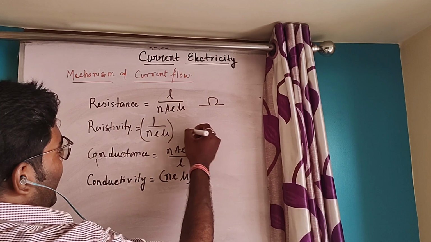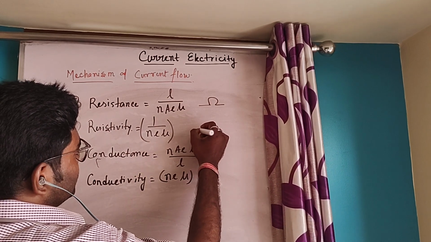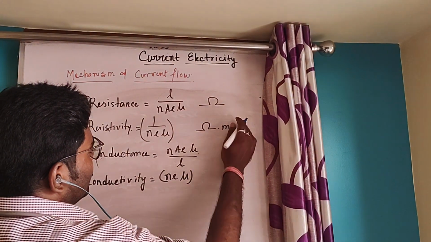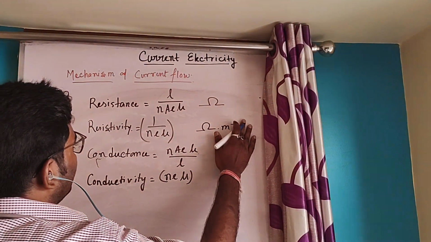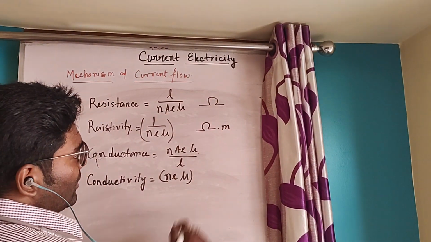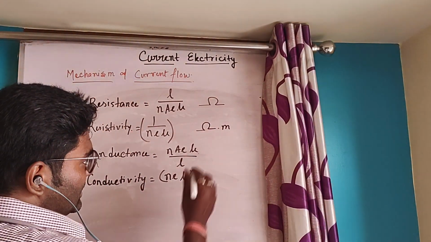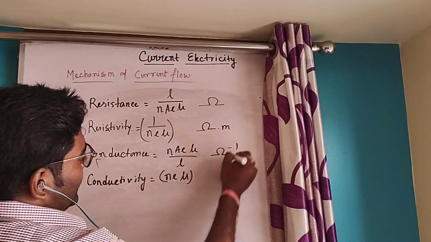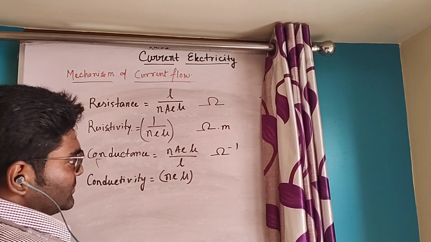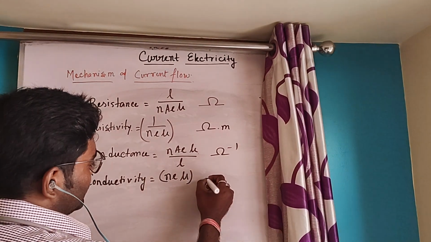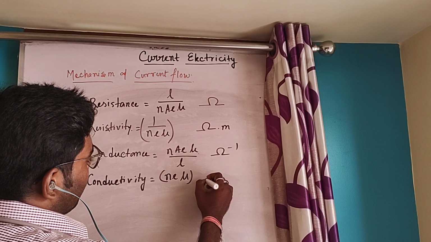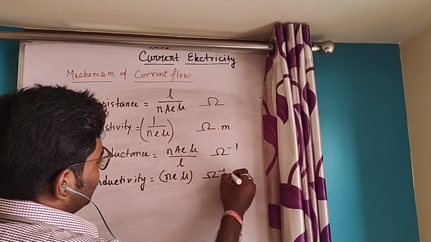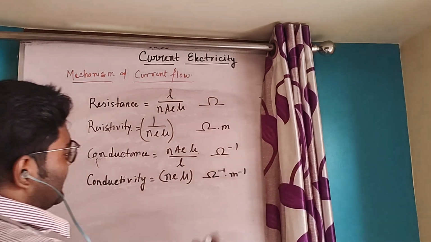The unit is ohm meter, sorry, for resistivity. For conductivity, the unit is Siemens, or ohm inverse meter inverse.